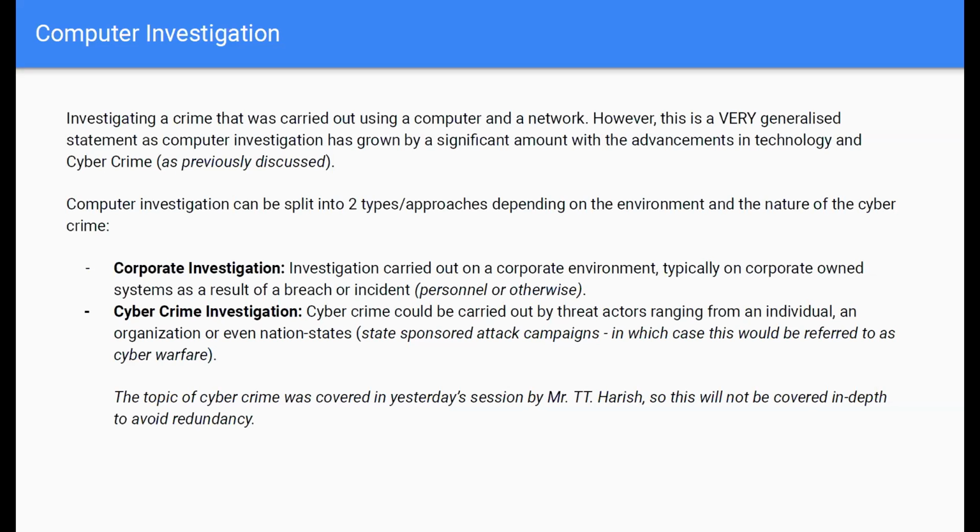So they would follow procedures set out by that law enforcement department. A lot of the time, all of this is very transparent because it is a government body, so this information is publicly available. But when I say publicly available, it's the procedures, not the actual investigation itself.